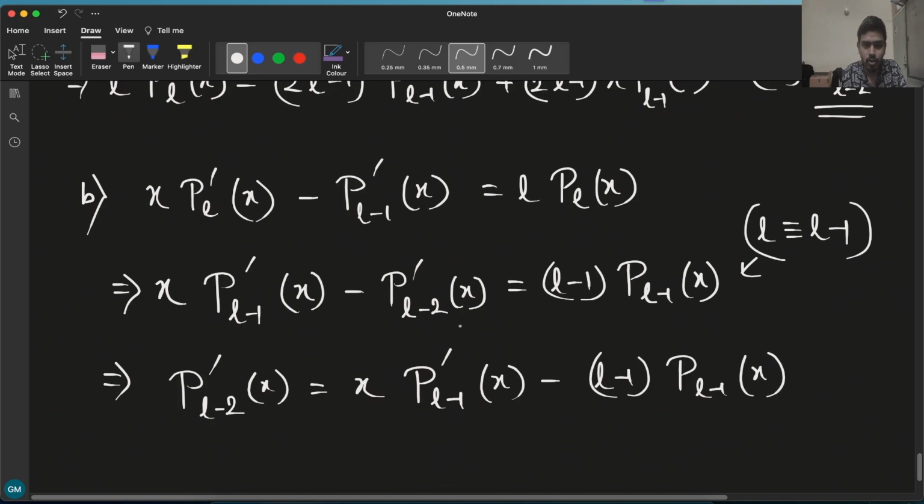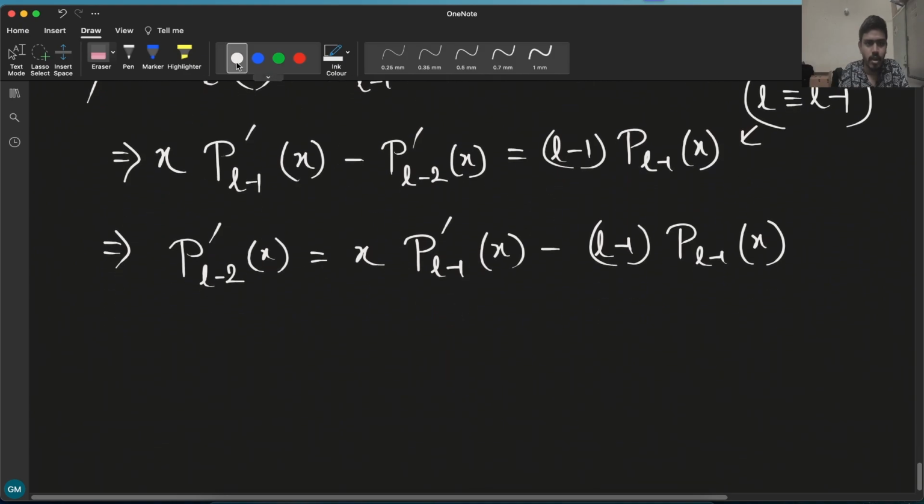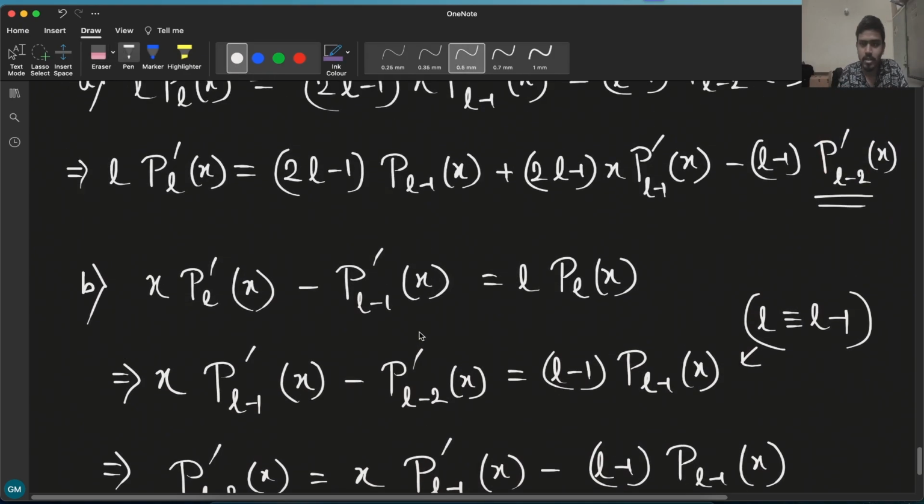So I took this term, so I multiplied this whole line with a minus sign, and then took this term to the right hand side. So we got p dash L minus 2x.